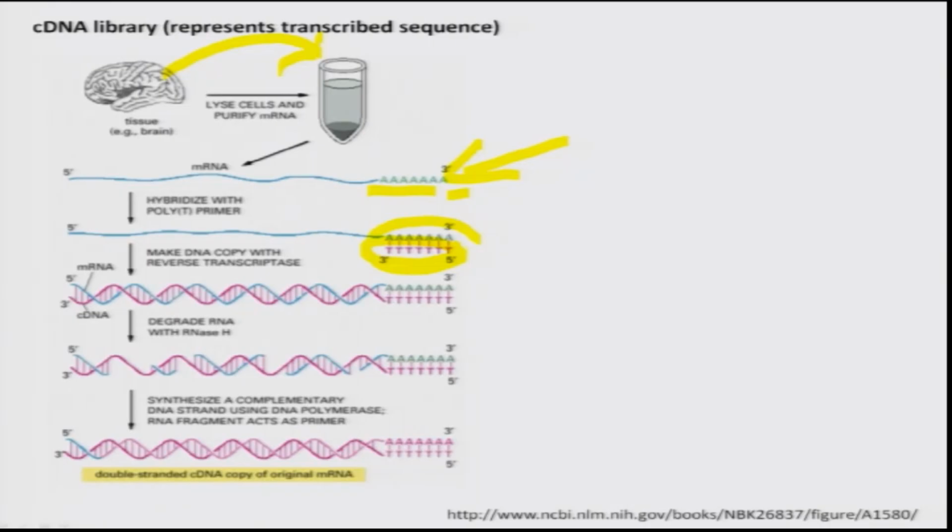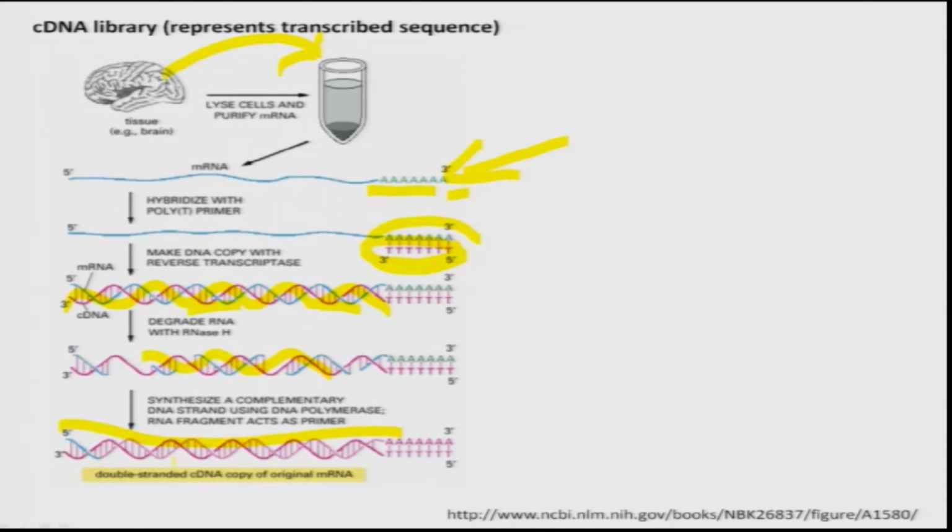You have used an oligo which is complementary to this, because you simply make multiples of T's, it goes and binds, and then you use a polymerase called reverse transcriptase, the one that we described some time back, which copies the RNA into DNA, okay, it has become single stranded, and then there are ways by which we can convert the single stranded DNA into a double stranded DNA.